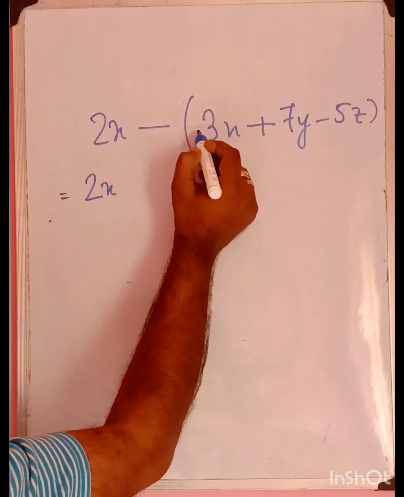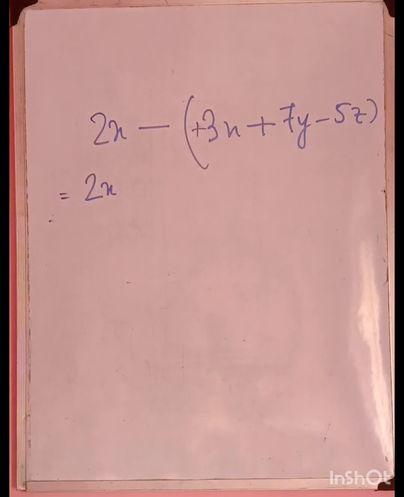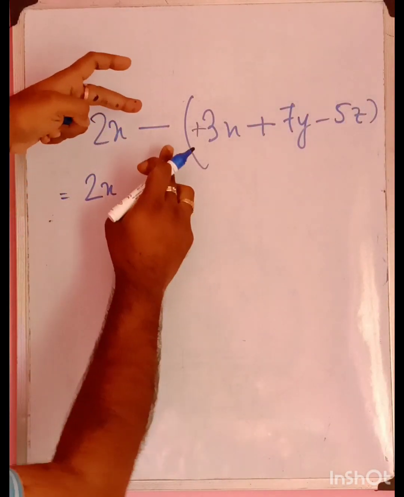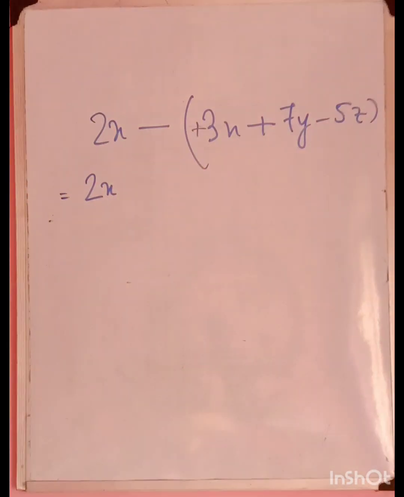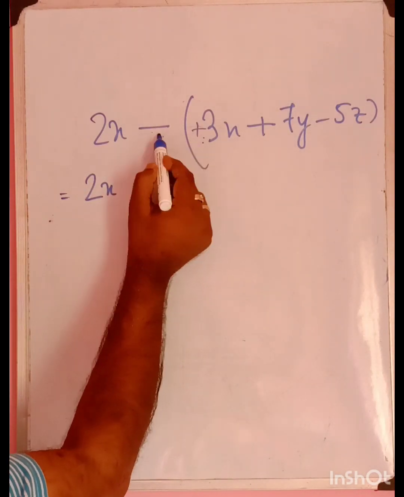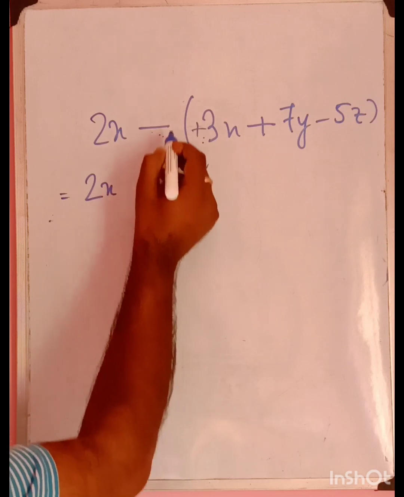Now the symbol is considered plus, as no symbol is given. The whole thing is within the bracket. You haven't yet opened the bracket. Now once you open the bracket, the minus or plus outside the bracket is in product form, is multiplied form.